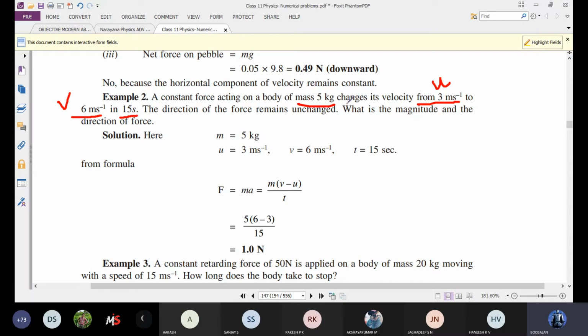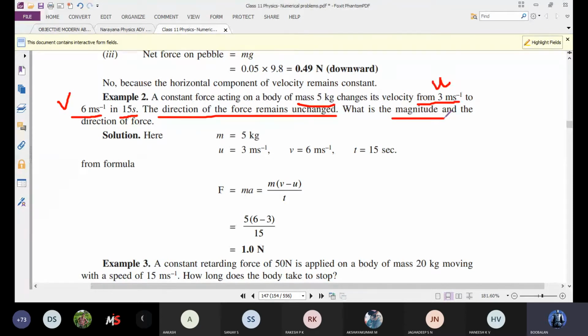The direction of the force remains unchanged. What is the magnitude and direction of the force? This is the question. So now you want to find the magnitude of force.